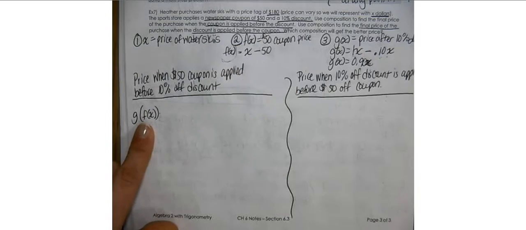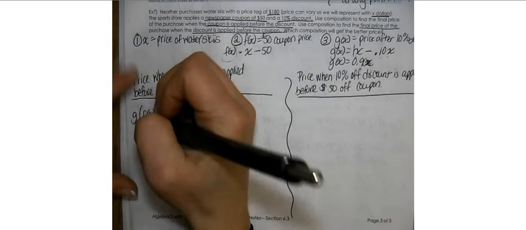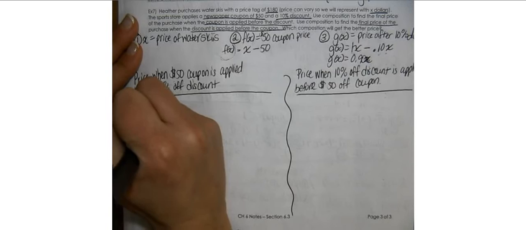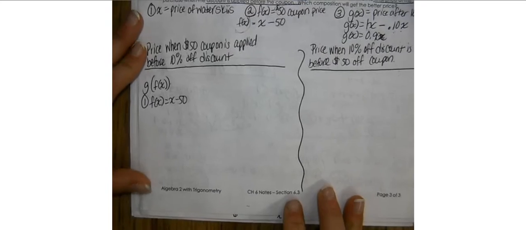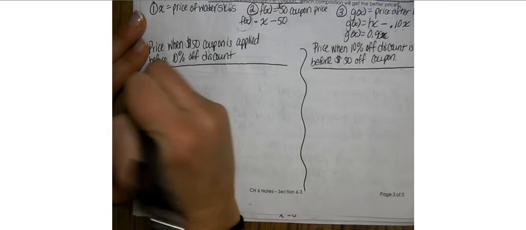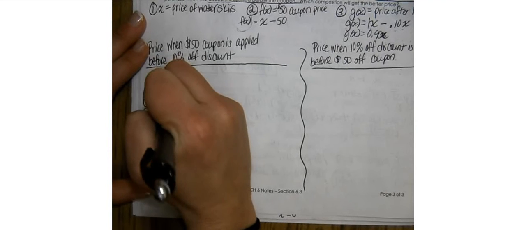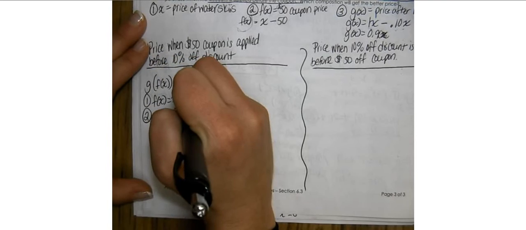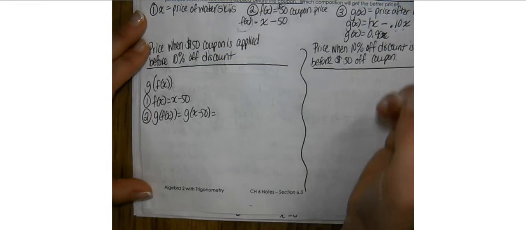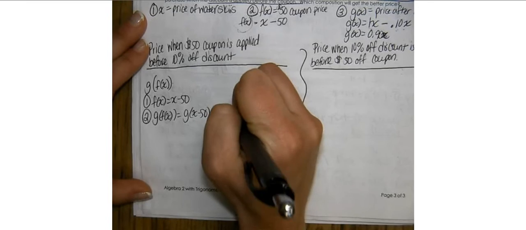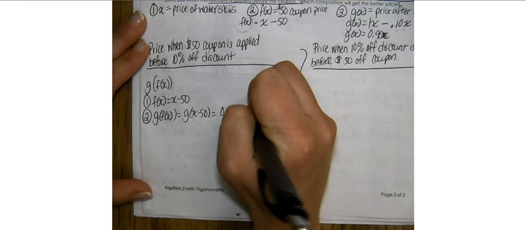So I have f of x starting first. So the first thing I'm going to write down is f of x. So f of x is equal to x minus 50. Then I'm going to say that g of f of x would be equal to g of x minus 50. So I'm going to do 0.90 times x minus 50.